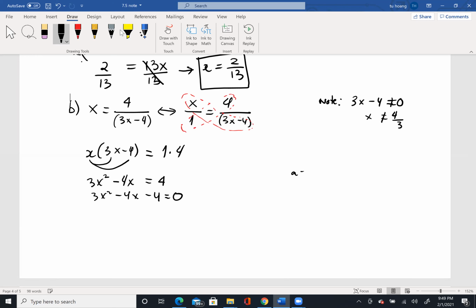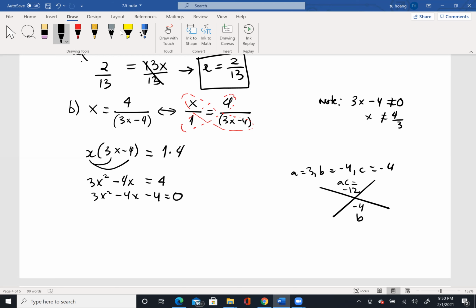So you have a equal to 3, b equal to -4, c equal to -4, and so using the grouping method, by trying to find two numbers that multiply to a times c, which is 3 times -4, equal to -12, and b equal to -4 is going to be the addition of the two numbers. So two numbers multiply to -12 and add to -4.